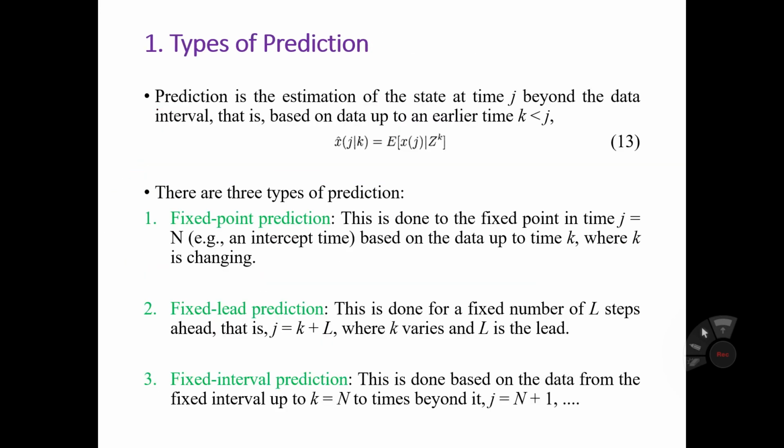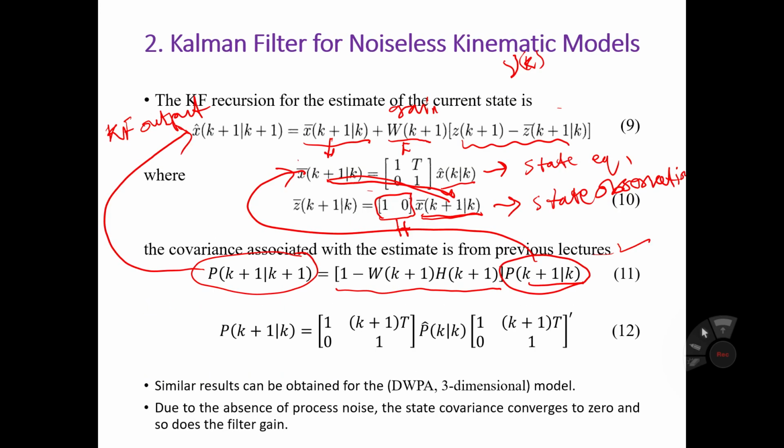So this is the output of the Kalman filter, the state estimate and the state covariance. And what is P? The state prediction covariance is obtained using F times the initial covariance times F transpose.